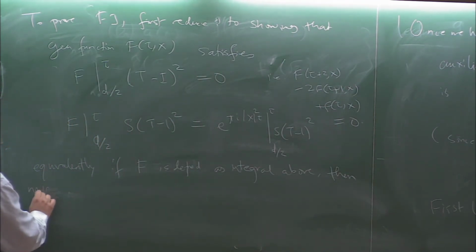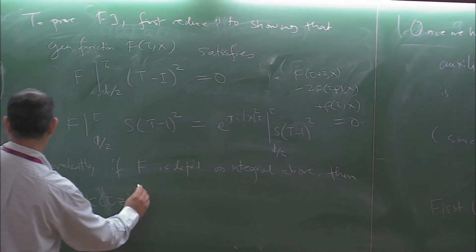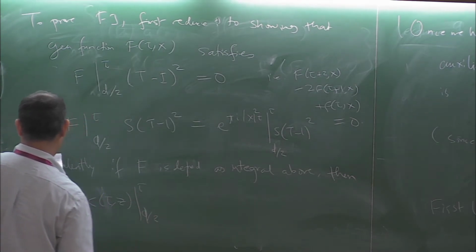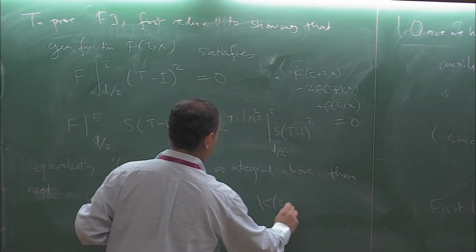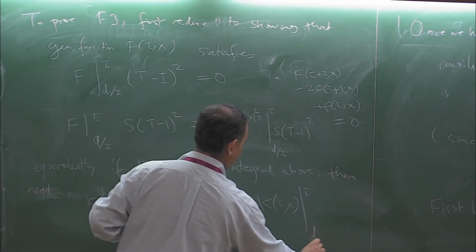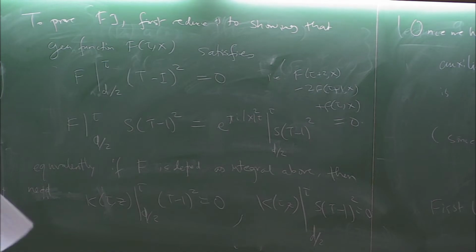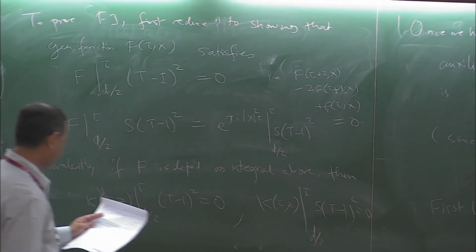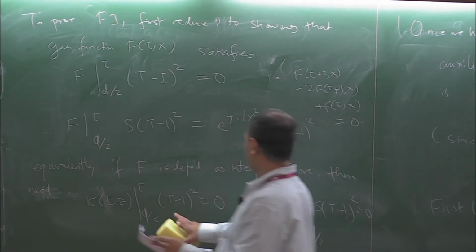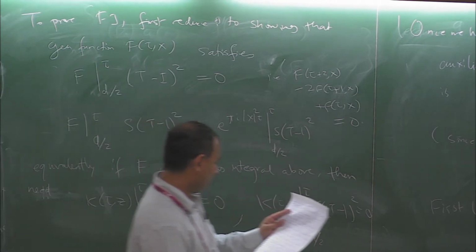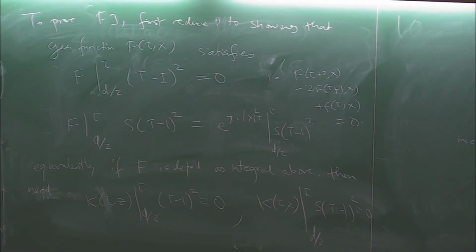Then you need k of tau z hit by these Hecke operators to be 0. So T minus 1 squared is 0, and k of tau z hit by S T minus 1 squared is 0. That's a functional equation that a quasi-modular form in two variables has to satisfy. So it turns out if it satisfies these functional equations with respect to tau, then automatically it will satisfy some with respect to z. So let me say some words.